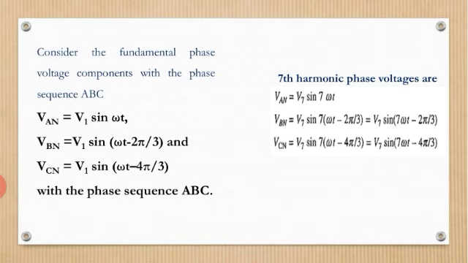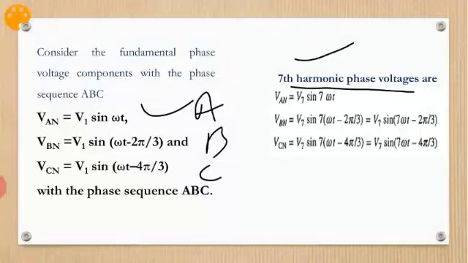Otherwise, I will show you here: this is A, B, C. Now these are the seventh harmonic phase voltages. If you compare the equations of the seventh harmonic phase voltages with the fundamentals, these are the fundamentals.